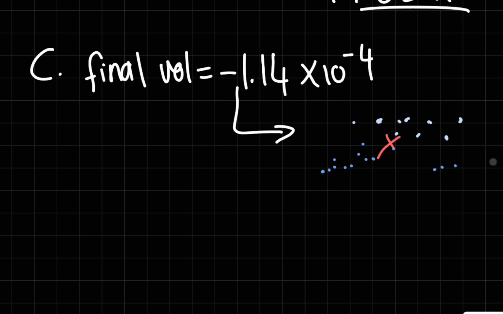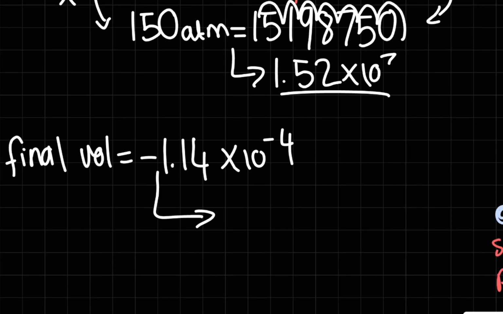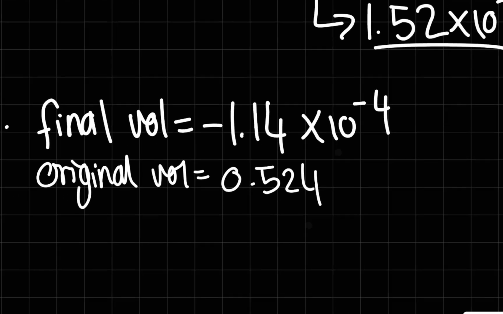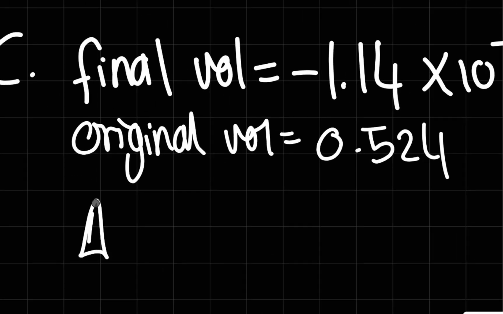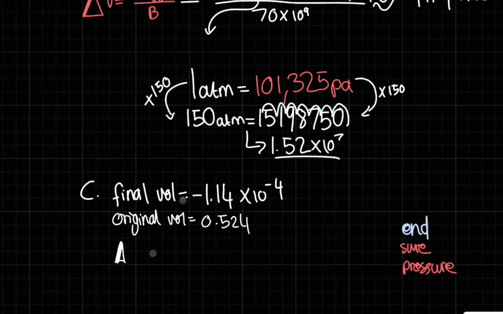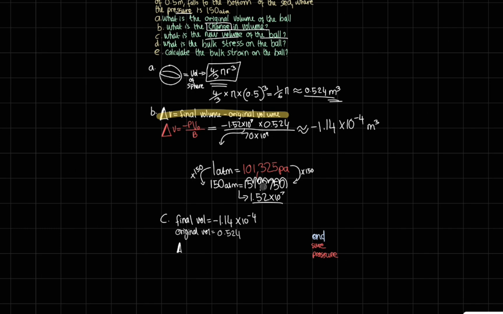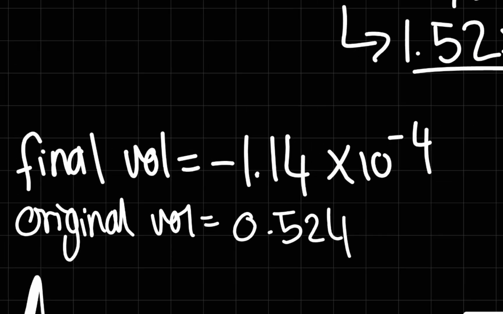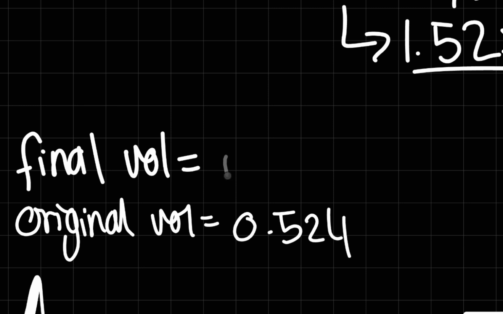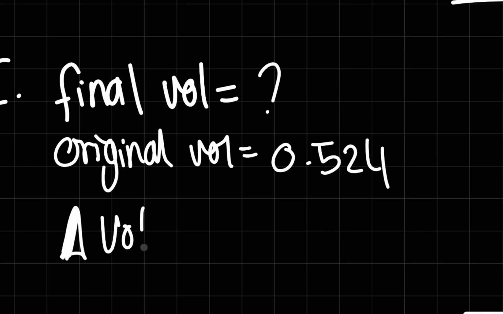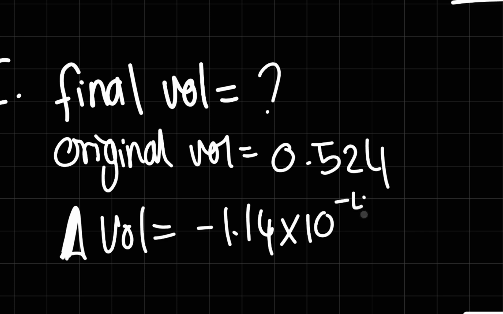Now, the original volume we also have, which was worked out in part A. Actually, sorry, we worked out the change in volume, so we need to find the final volume. That is my mistake. The change in volume is minus 1.14 times 10 to the minus 4.